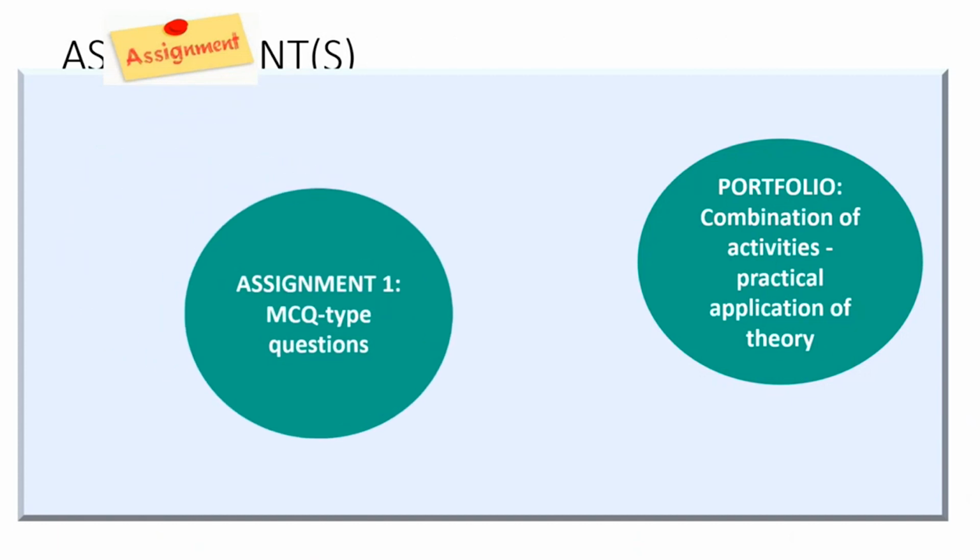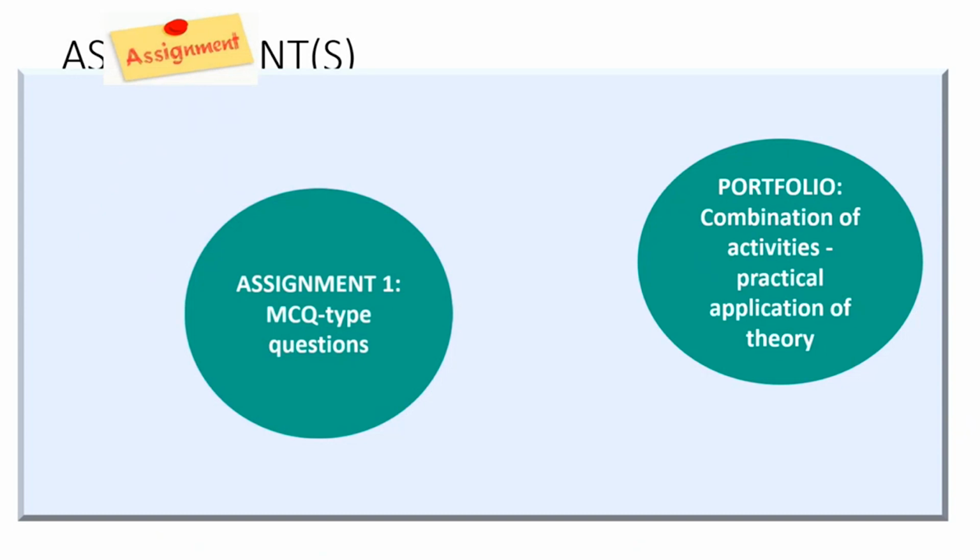Lastly, you are supposed to be able to complete your assignments. Now, remember, we have assignments for the theory. With regards to the theory, we have 5 assignments. Assignment 1 is your MCQ type questions. And then you also have your portfolio.